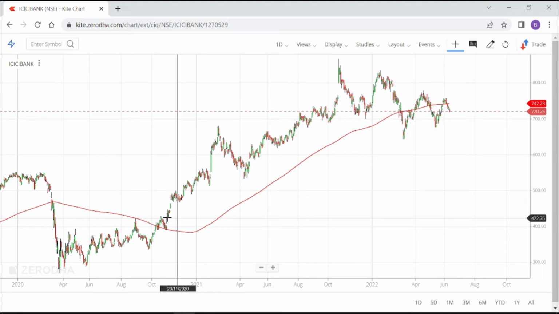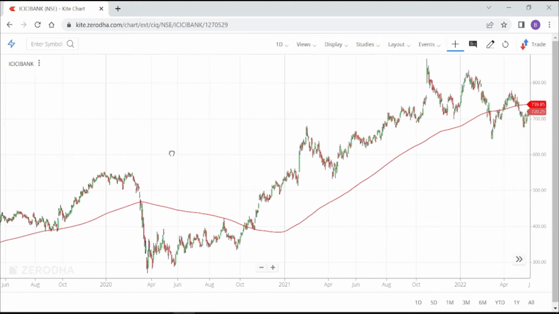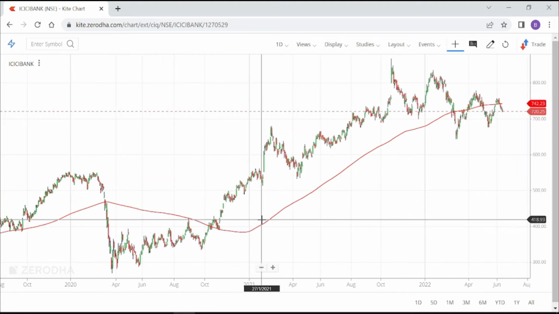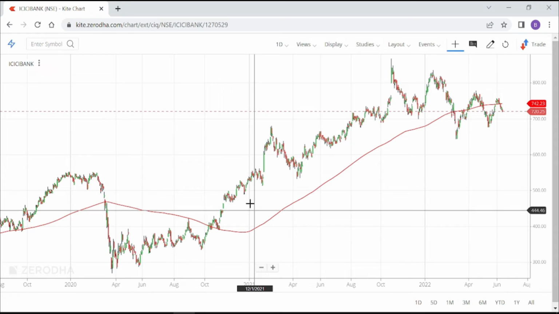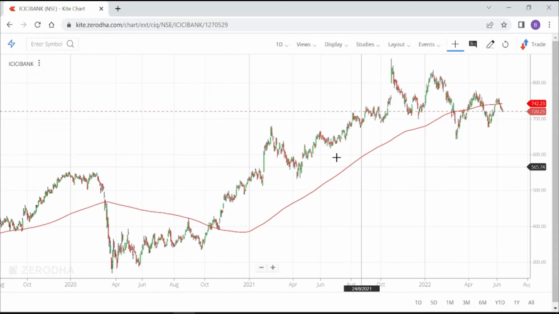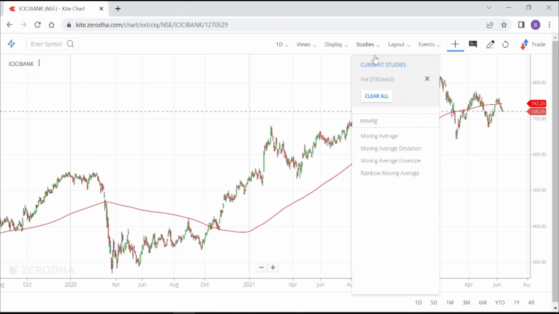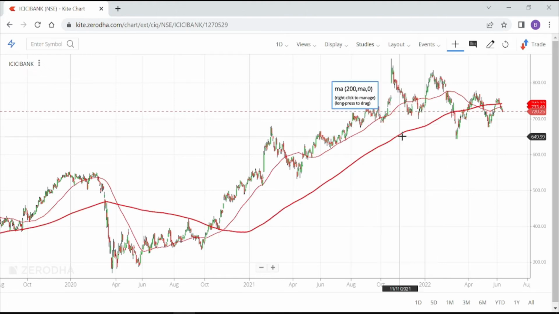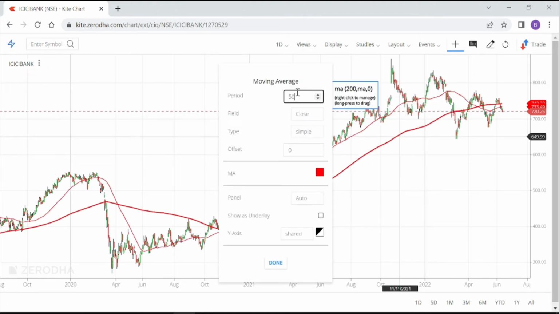Here you can clearly notice that the indicator is very far from the actual price movement. There is a huge gap. Now let's apply a 200 EMA and see the clear differences.